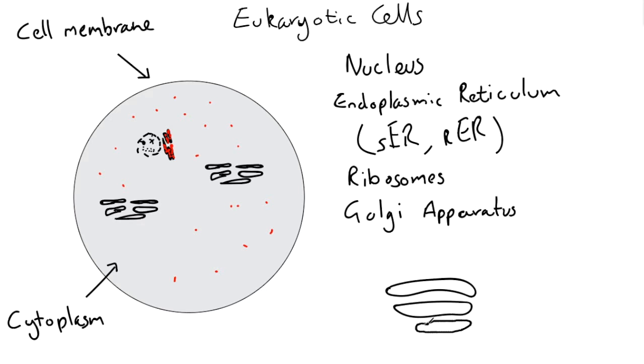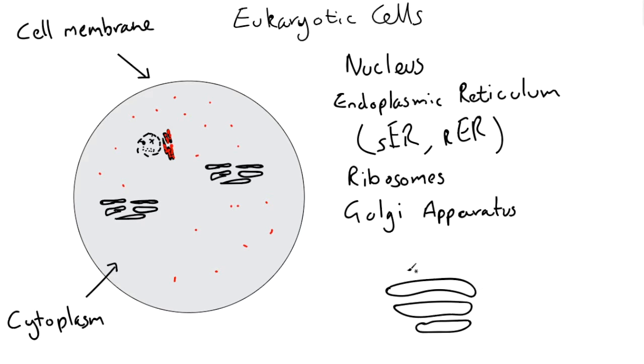I've seen images that make them look very similar to the smooth ER, which is very confusing. But what the Golgi does is that lipids made from the smooth ER and proteins made from the rough ER are packaged in here and then moved around the cell.